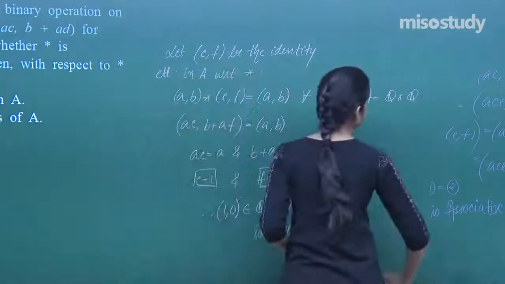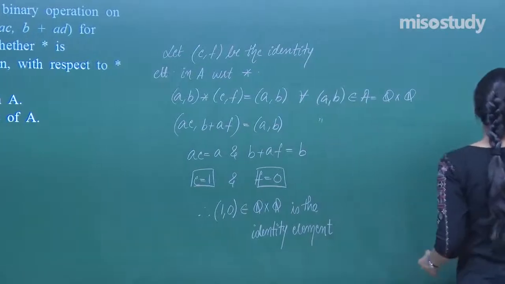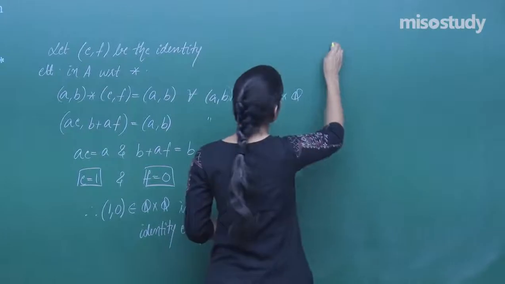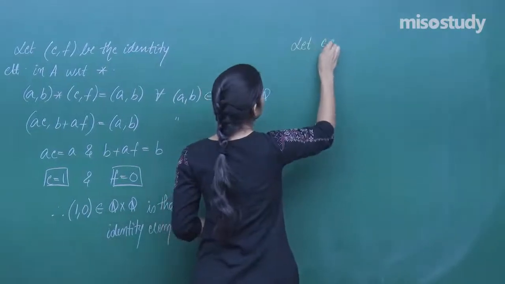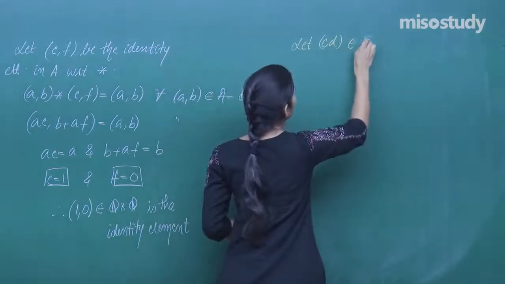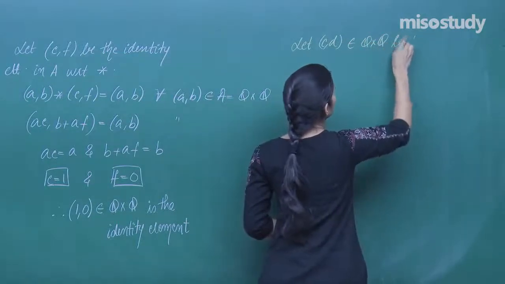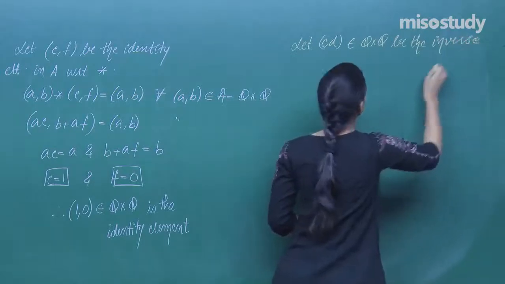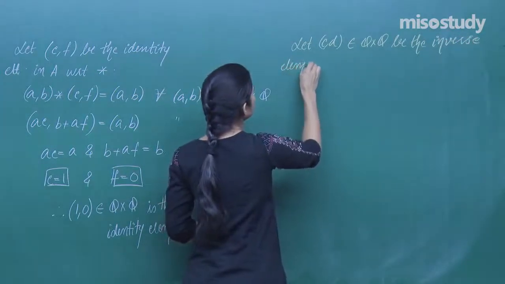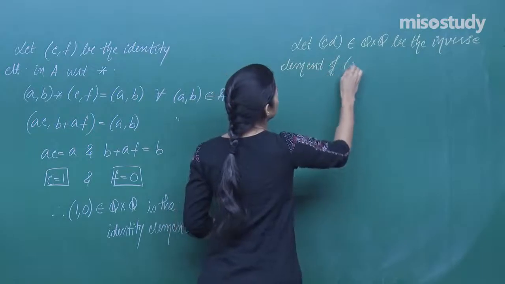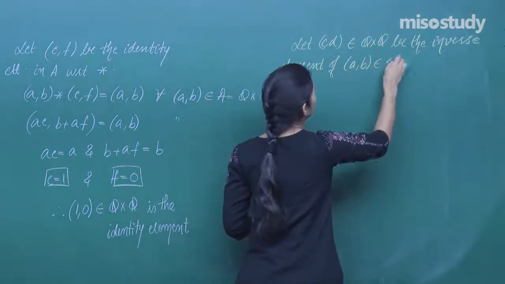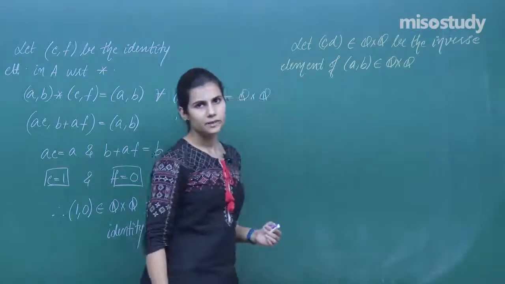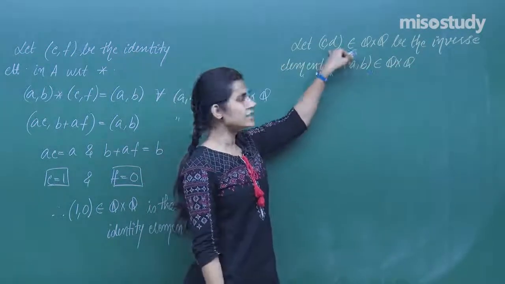And then I need to find the inverse element. How many elements inside this set are inverse elements? Then I am saying let (C, D) belonging to Q cross Q be the inverse element of (A, B) in Q cross Q. So suppose (A, B) is some particular element in Q cross Q and it has its inverse as (C, D).